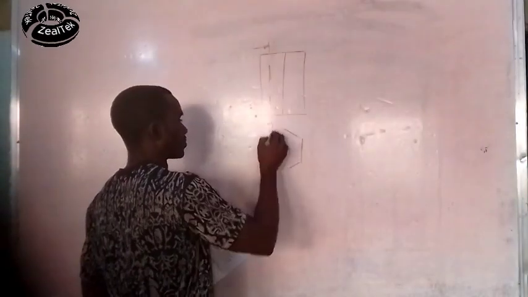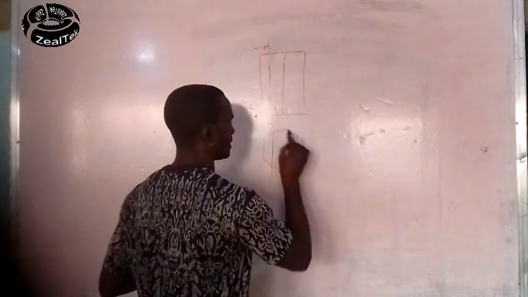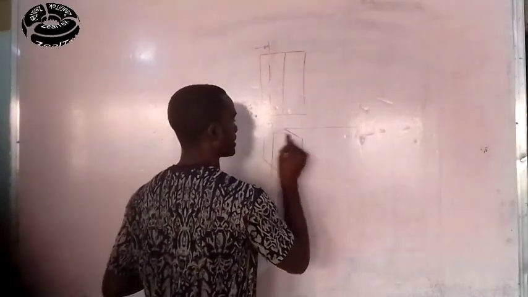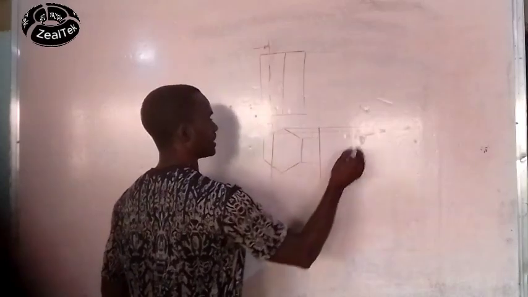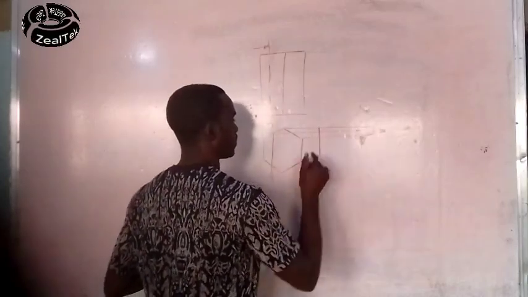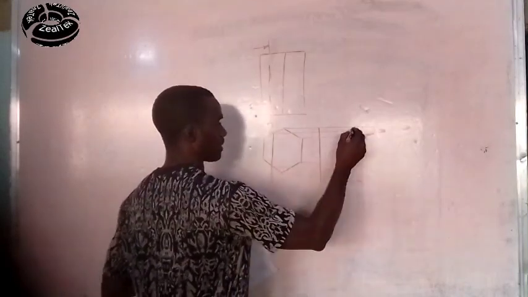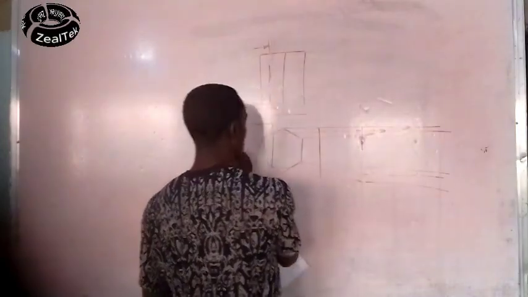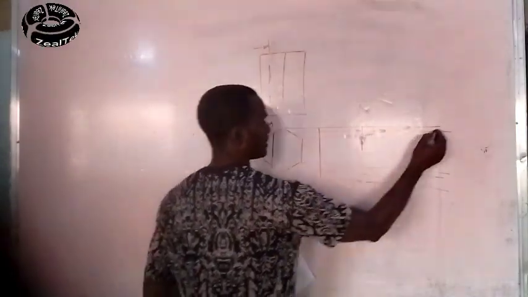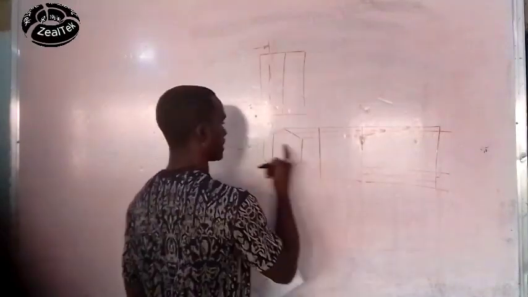If you proceed, this one is cut off like this. We believe that this is in this shape, as if we are looking at it from this side. When we are looking at it from this side, this is what we're going to see. This object will appear. But since you are looking from here, if this is the length or the height of the prism, then you cannot see this one.